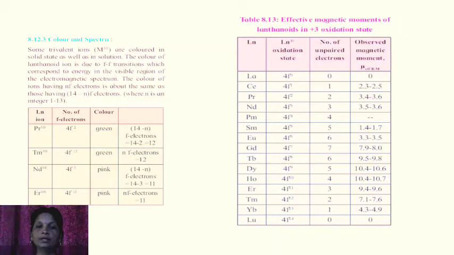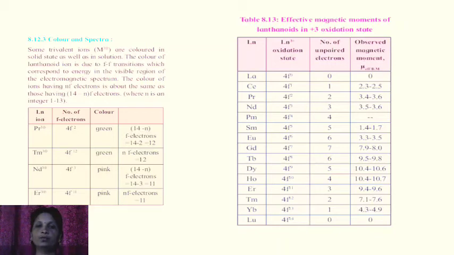So for cerium 4f1, number of unpaired electrons 1, the observed magnetic moment is 2.3 to 2.5. Pr+3 shows outer electronic configuration 4f2, so 2 unpaired electrons, and the observed magnetic moment is 3.4 to 3.6. Nd+3, 4f3, 3 electrons, 3.5 to 3.6.